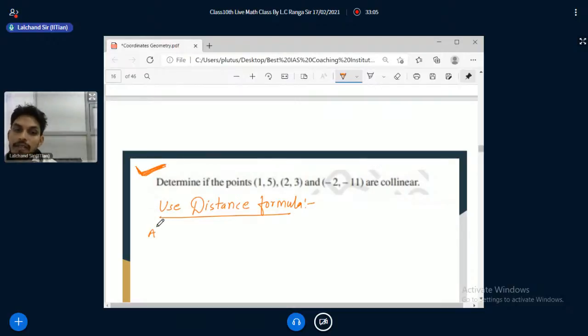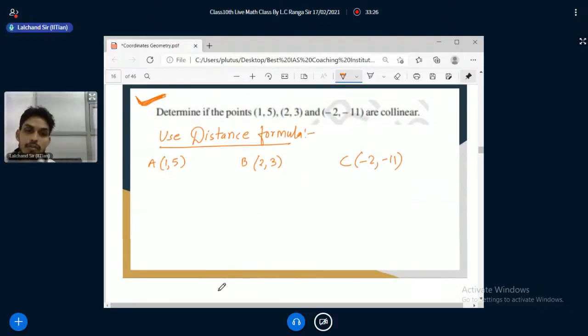So what is our first point? That is A, 1, 5. Point B, that is 2, 3. Point C, that is -2, -11. So we need to find each distance.